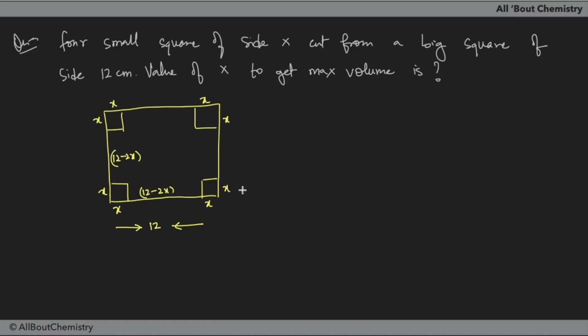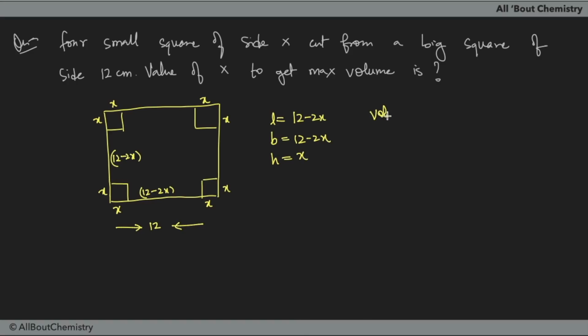So when you construct it in the form of a cuboid, the length will be equivalent to this value, that is 12 minus 2x. The width is also going to be the same, 12 minus 2x, but the height is going to become equal to the value which you are cutting. So this part is going to get folded, that means x is going to become its height.